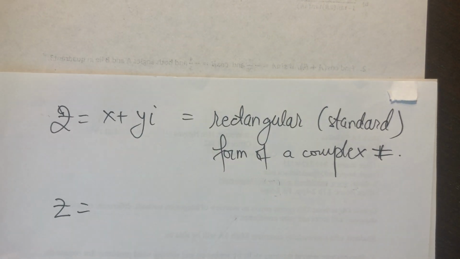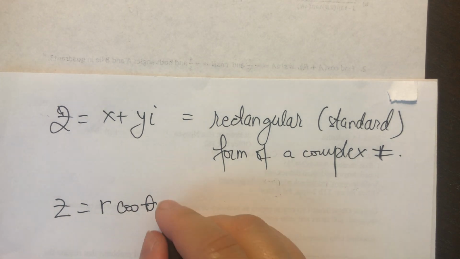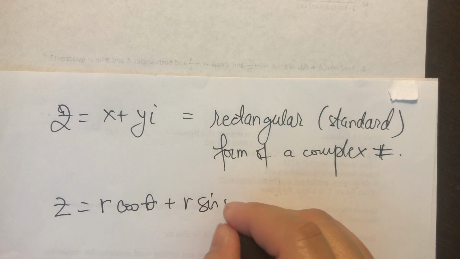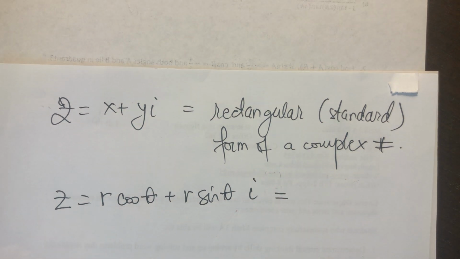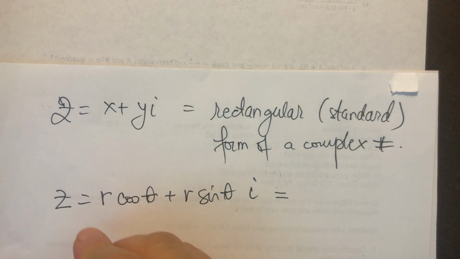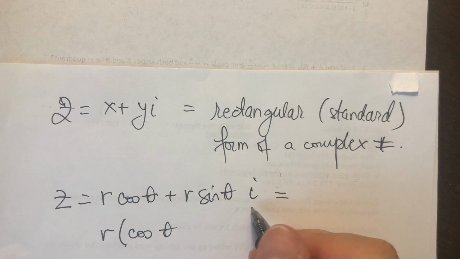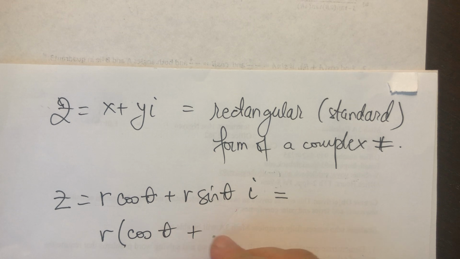There's a second form of it. Remember, what did I say x was? x was r cosine theta, yes? Plus, y was what? r times sine of theta, times i, yes? We're going to make this a little bit prettier by factoring the r. And I'm going to write cosine theta, and instead of having the i behind, which makes it confusing because you're not sure, is it multiplied to theta, is it multiplied to the sine value?